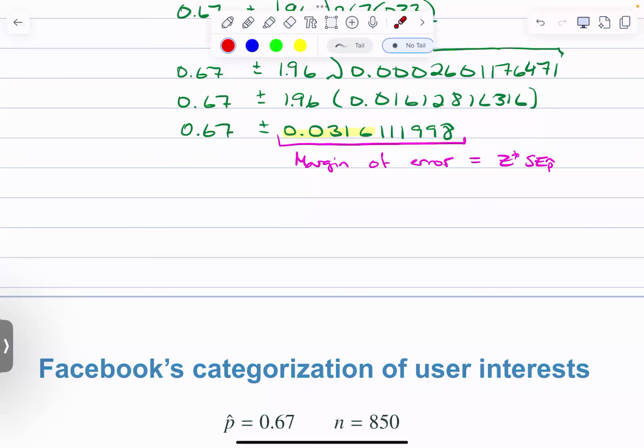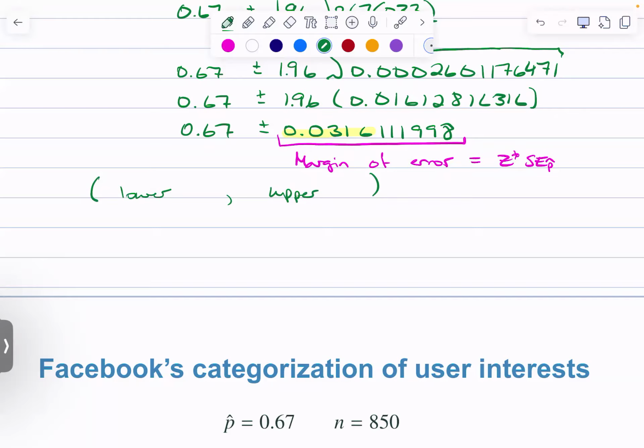There are scenarios where if this value is really, really small, you have to keep more. So, do you remember how we wrote that interval? We found intervals before. We want to write our interval as a lower value, comma, your upper value in round brackets. So your lower value is 0.67 minus 0.0316, and the upper value is 0.67 plus 0.0316.